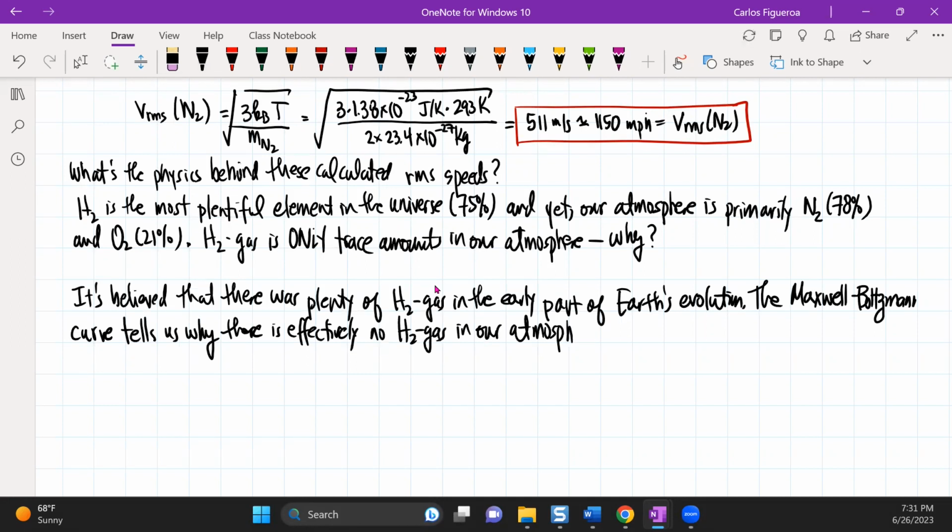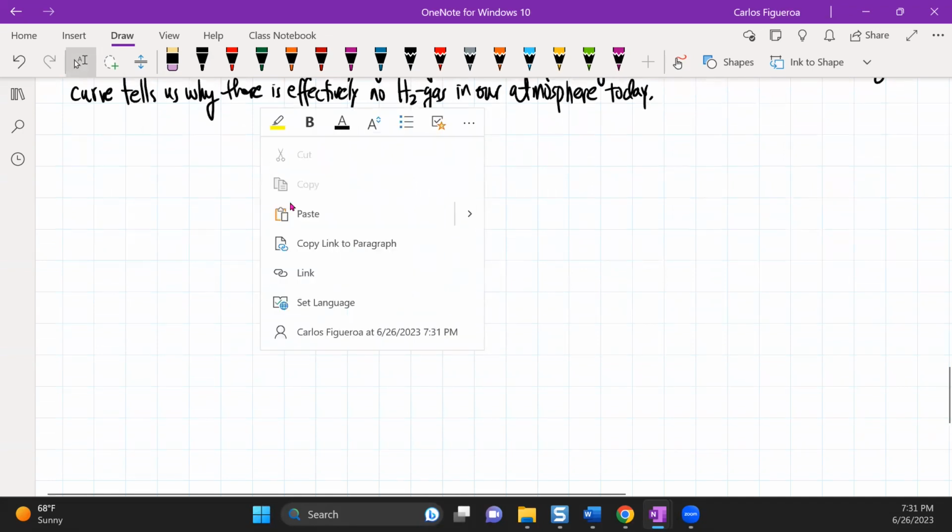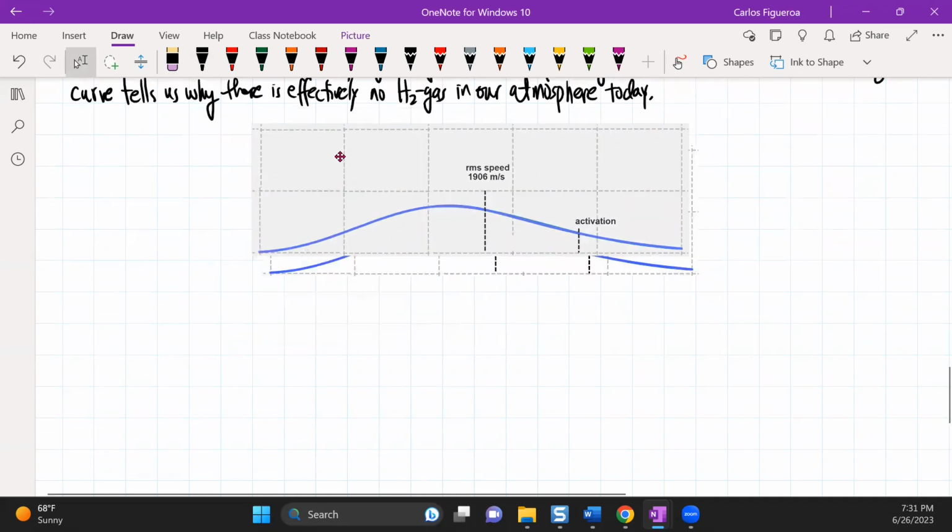At least, let me be careful. Hydrogen gas in our atmosphere today, because at some point there was. So what I did here is I created this curve, which I modified from Wikipedia, and it looks like this.